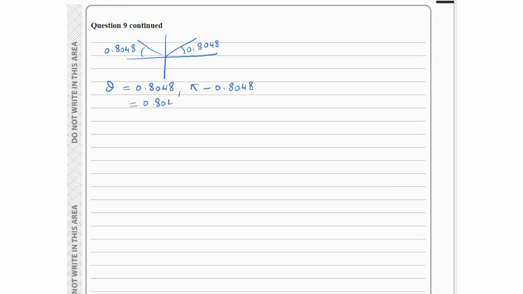So the other value is going to be 2.3367. Which means 2x plus pi by 3 is equal to these two values.